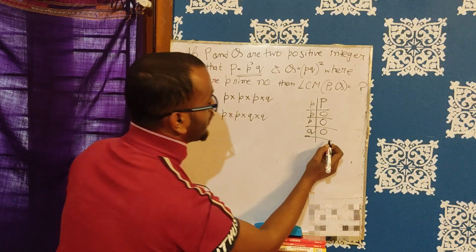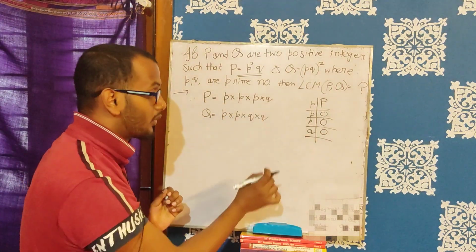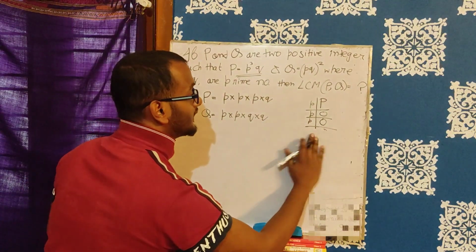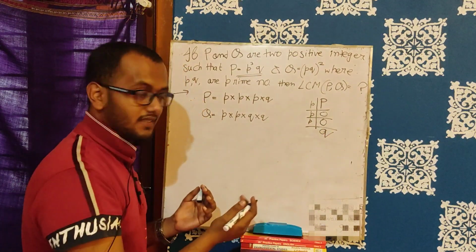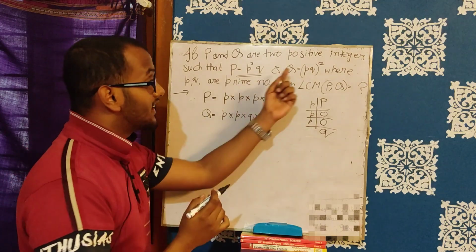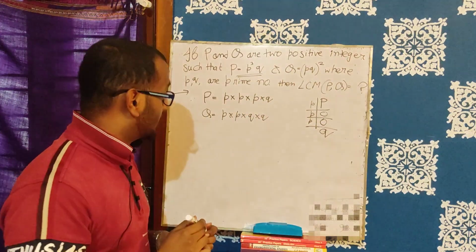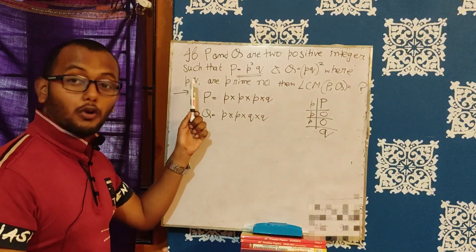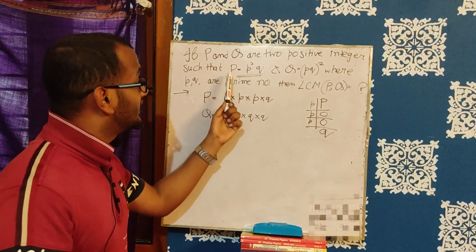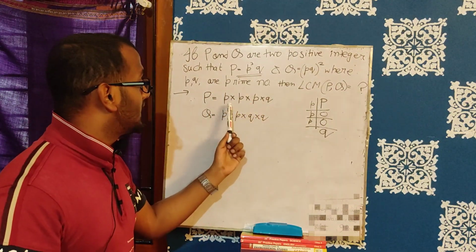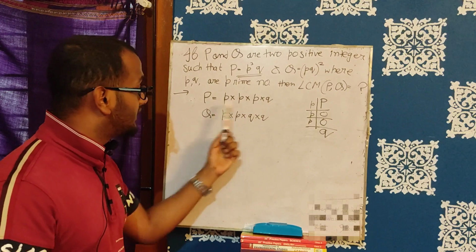Either it could be in this format or that format. Similarly for capital Q. Since small p and small q are prime numbers, these are the expansions that capital P and capital Q have.